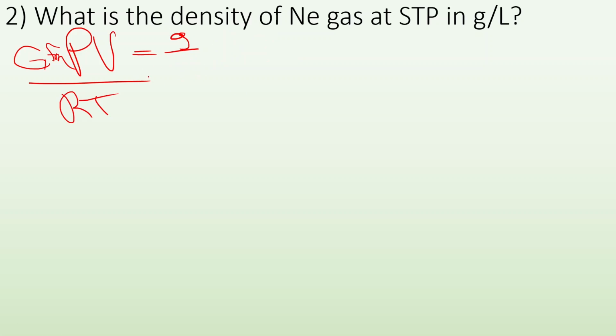Now I divide each side by volume, so I get grams per liter. I don't really care how many grams there are or what the volume is. The ratio of grams per liter is GFM times pressure over RT.